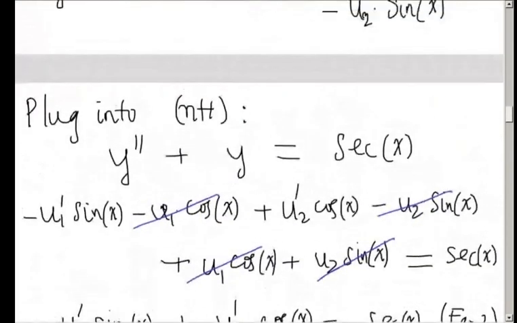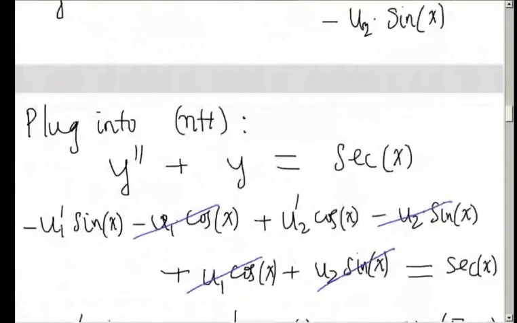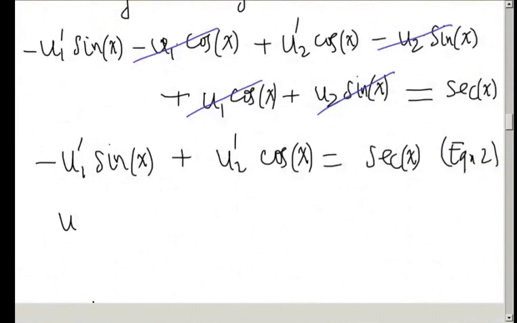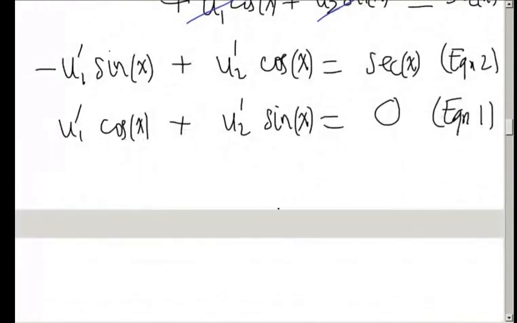So let me recall the first equation right here: u1 prime cosine x plus u2 prime sine x equals 0. That's the first equation. Now we have two equations with two unknowns, u1 prime and u2 prime, so we might try to solve.